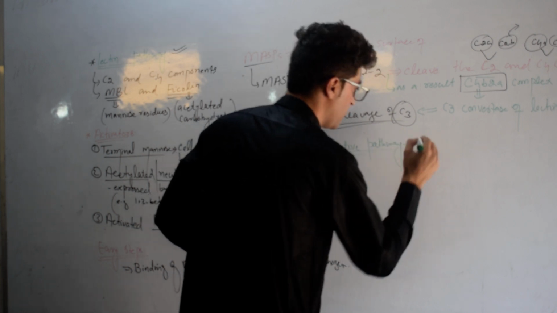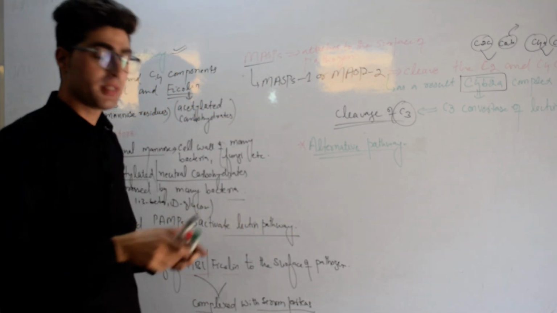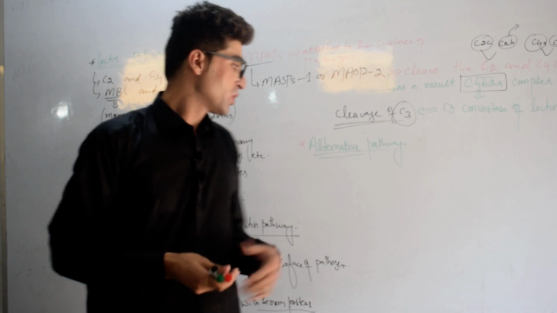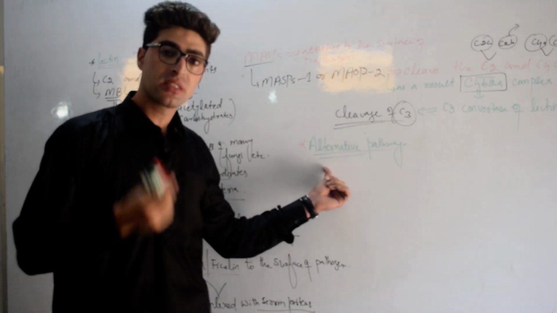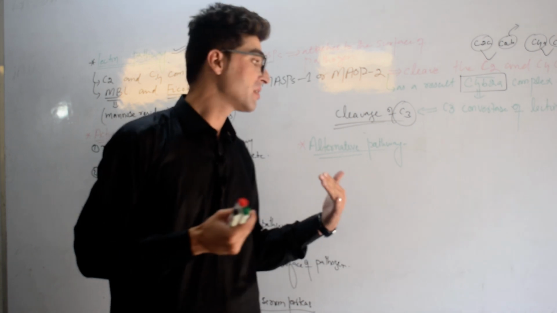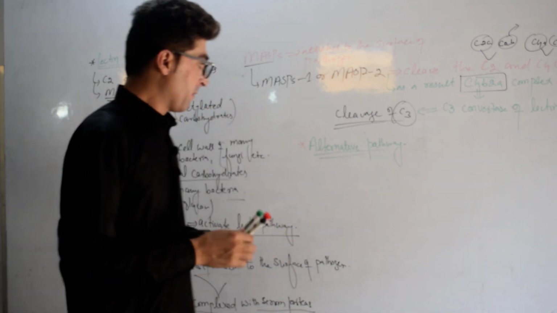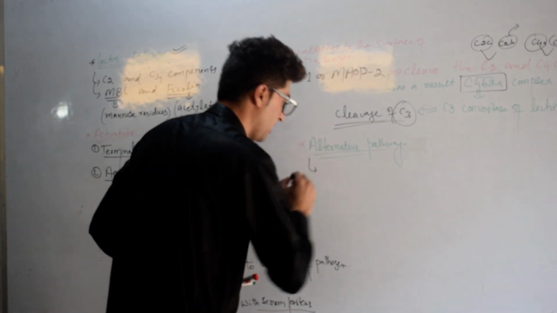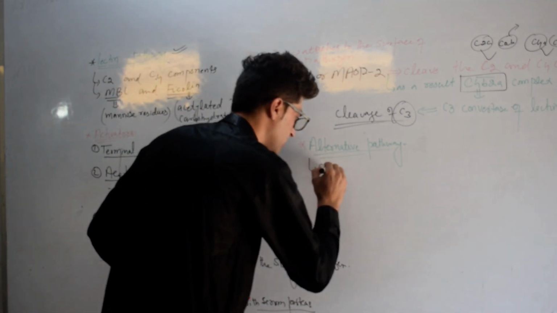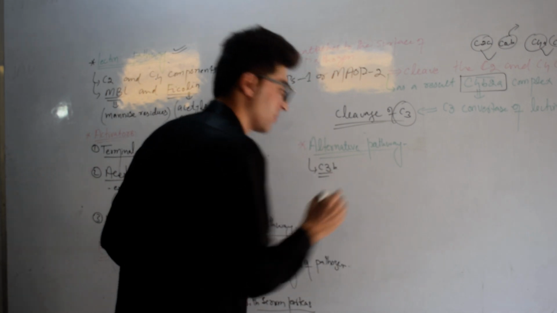The alternative pathway is activated in the absence of specific antibody. So the alternative pathway is a key part of the innate immune response. Clear? It is non-specific, and the component involved in the alternative pathway is the C3b component.